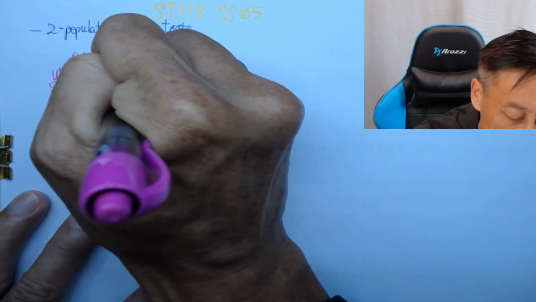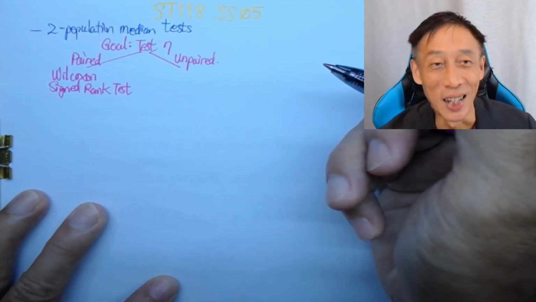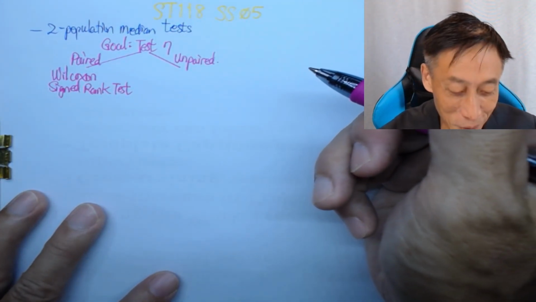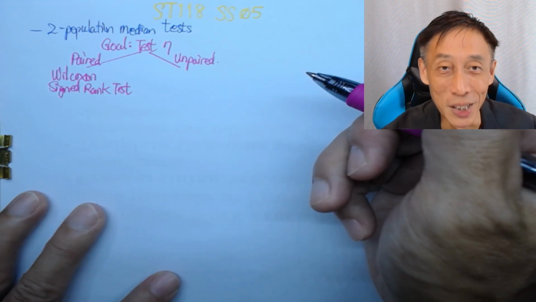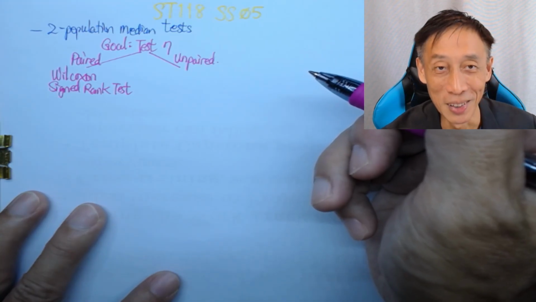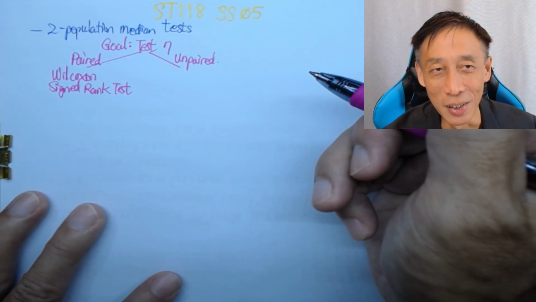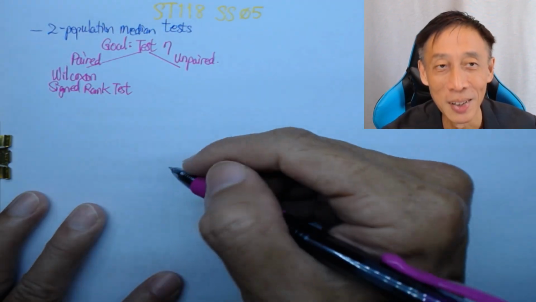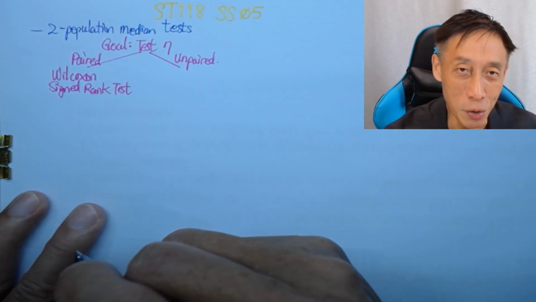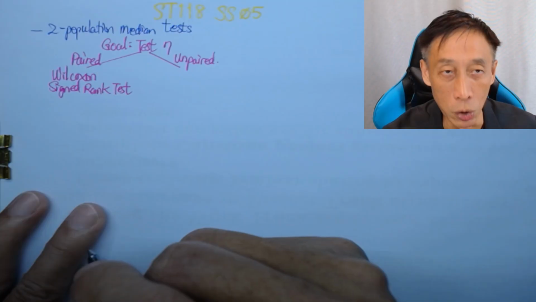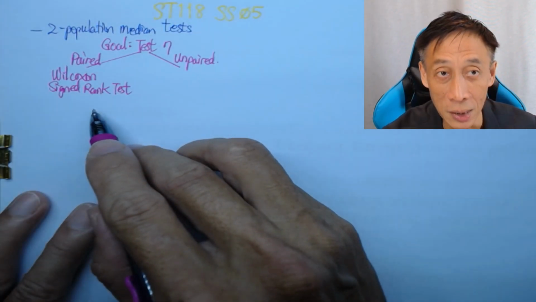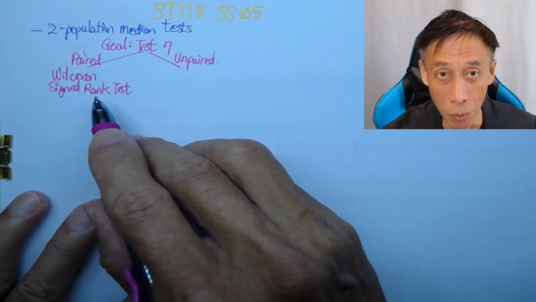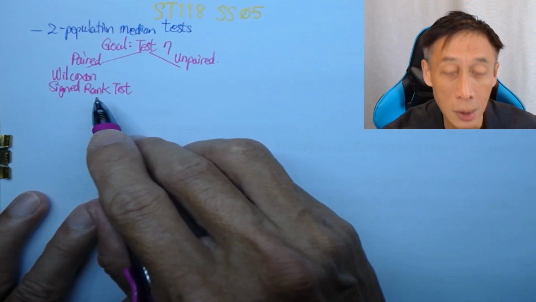If it sounds familiar, then congratulations, you have done your homework well. You did watch and remember the previous video, which was about the one population median test. In that test, we were using the Wilcoxon signed rank test. It is exactly the same with a bit of pre-processing, that's all.